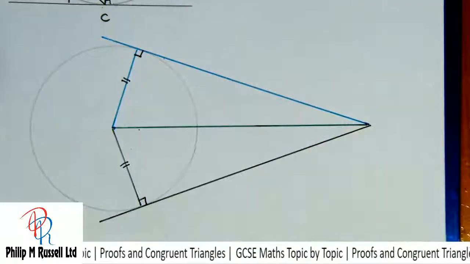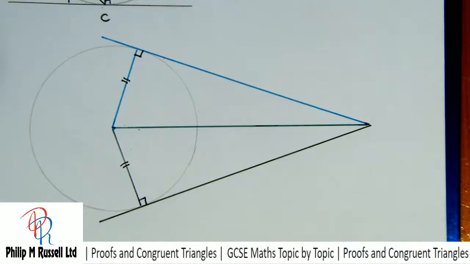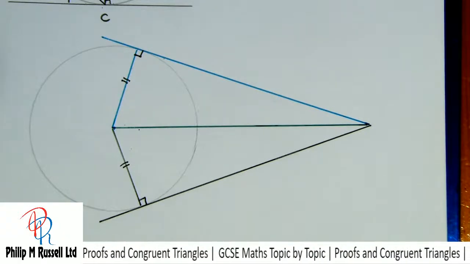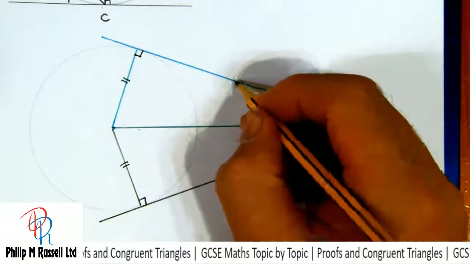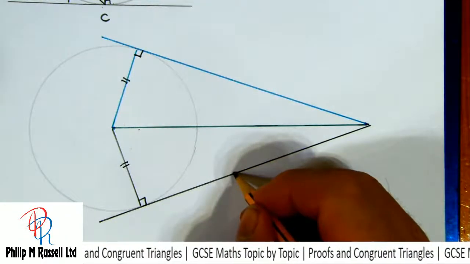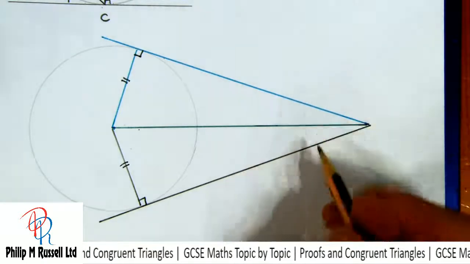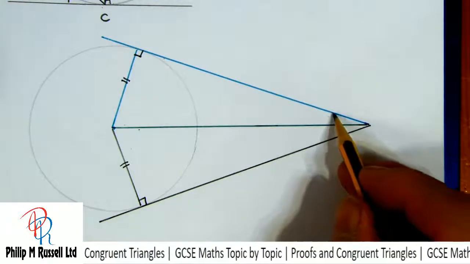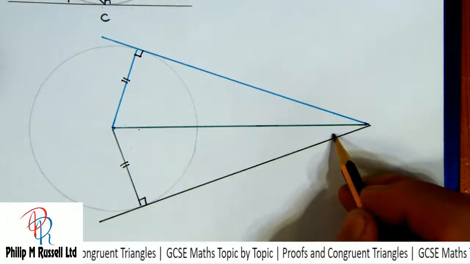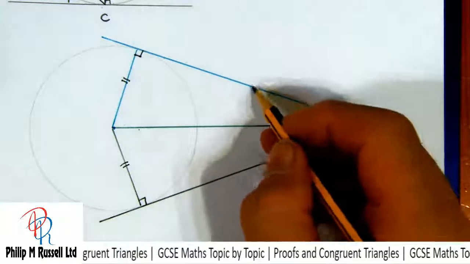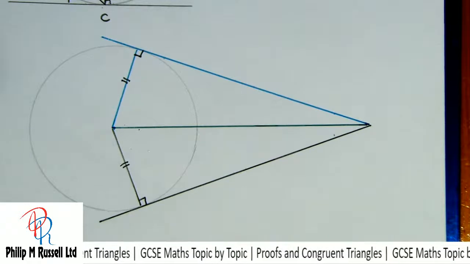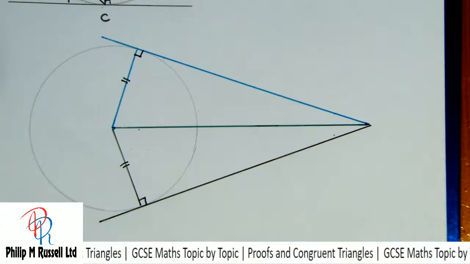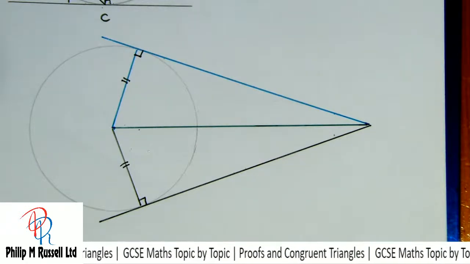And what I've got to try and do is prove that the two tangents, basically these angles are equal. I've got to prove that these two sides are the same length, and we've got to try and work out what's going on. Well, it's a lot easier than you imagine.